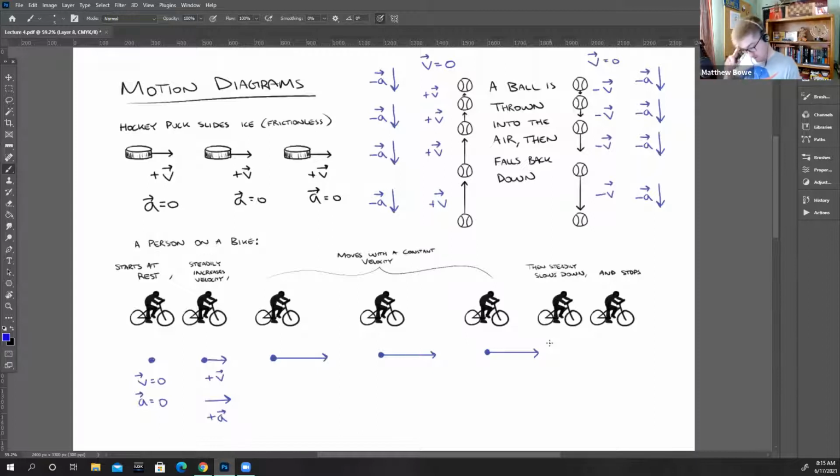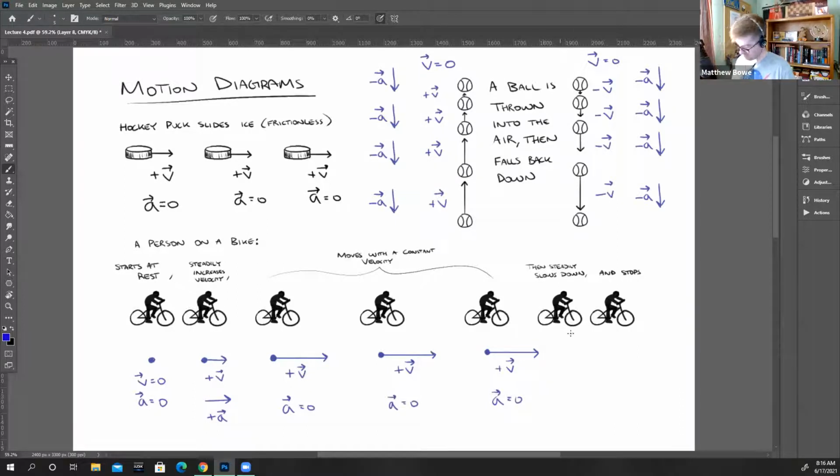That's good enough. So we have this larger and constant positive velocity. And these are vectors. Okay. And so the person speeds up until this point and then goes to constant velocity. Since the velocity is constant, acceleration is 0 for these brief moments. 0, 0.